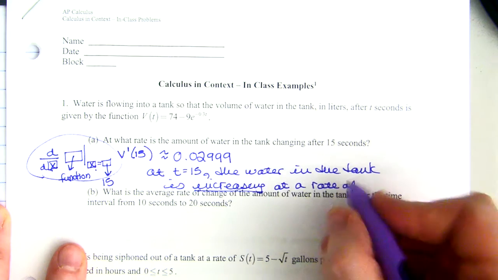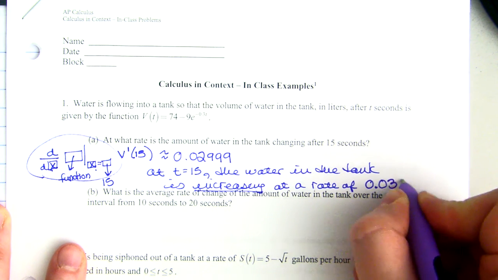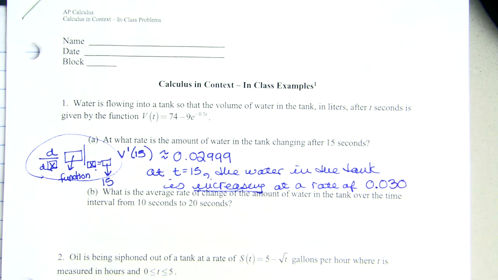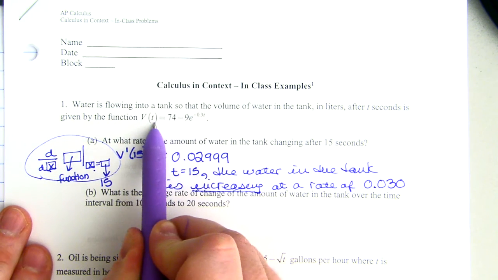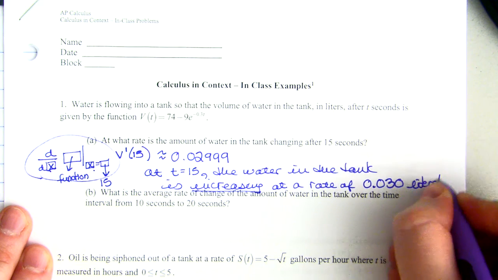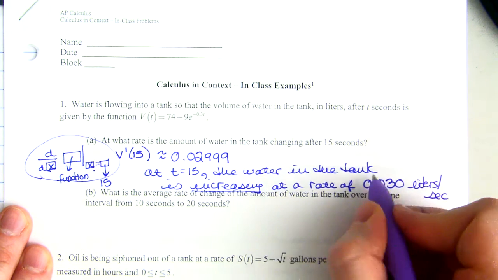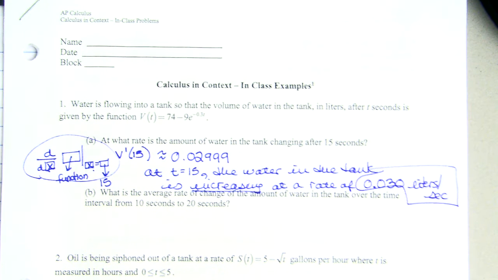I'm going to follow the AP rules of accurate to 3 places, so 0.030. As for the units, I told you in the notes that our units are going to be the units of V divided by the units of T. V is measured in liters, T is measured in seconds, so I'm going to say liters per second. That is the rate of change of the volume. The water is increasing at a rate of 0.030 liters per second.